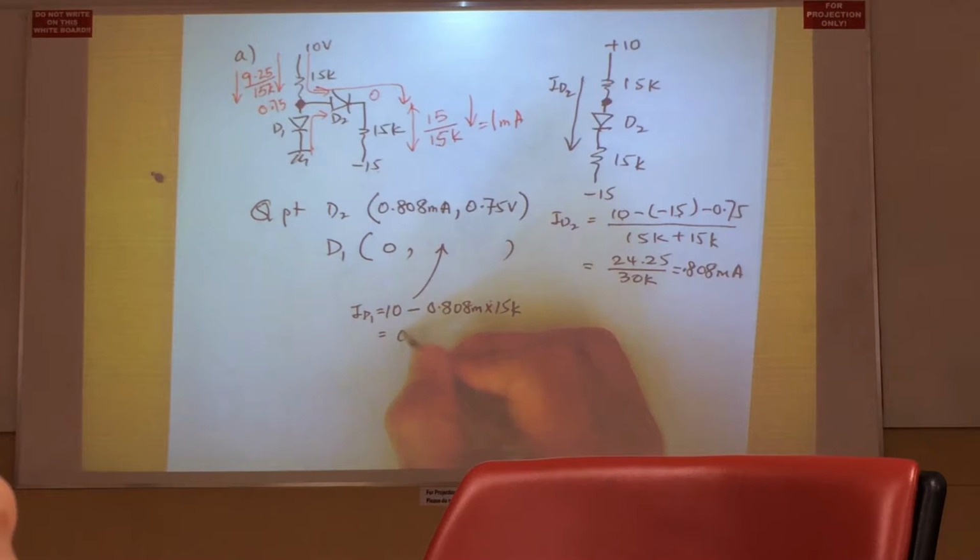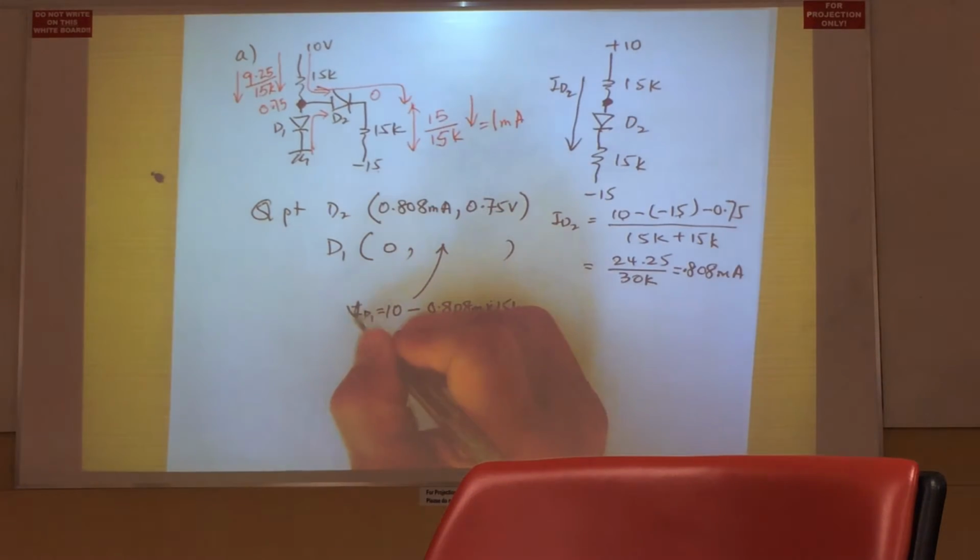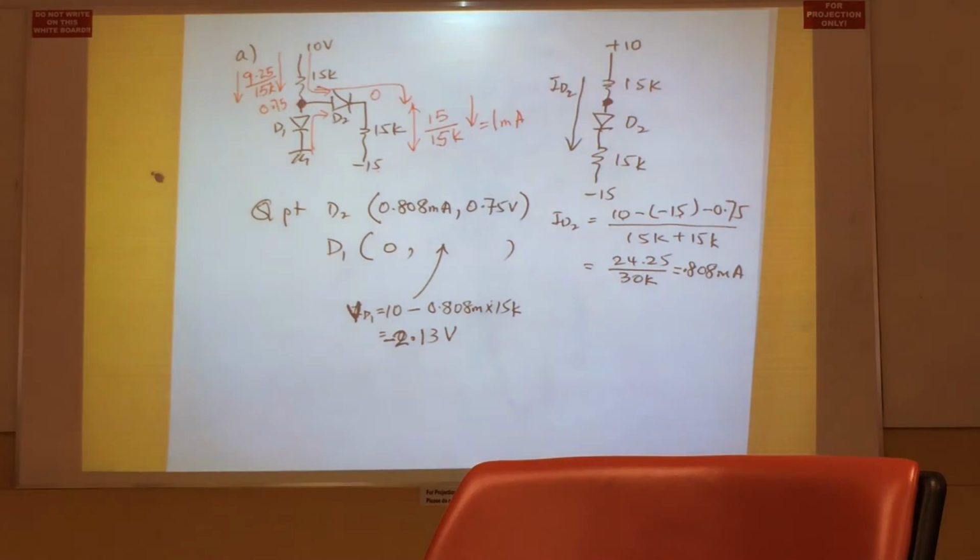Happens to be 2.13 volt with a minus V. So the voltage drop across the diode is a negative value of minus 2.13, which indicates that it is reverse bias, right? Alright, so that gives you the Q point of D2.